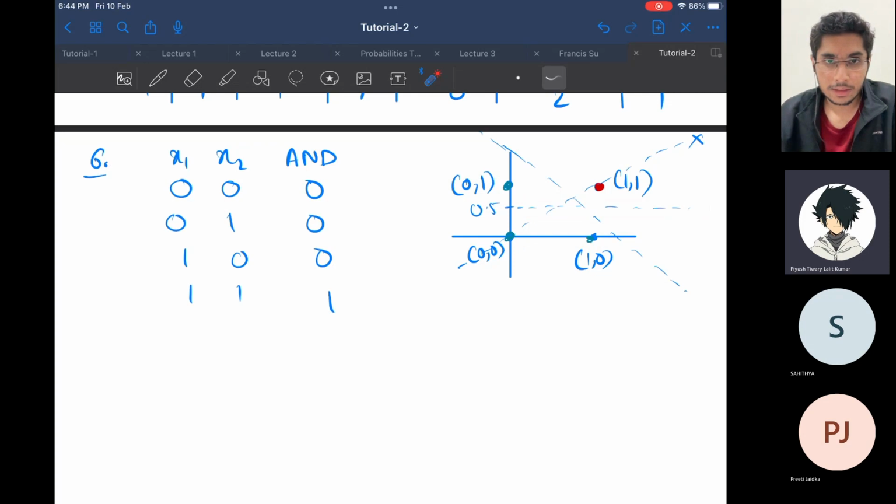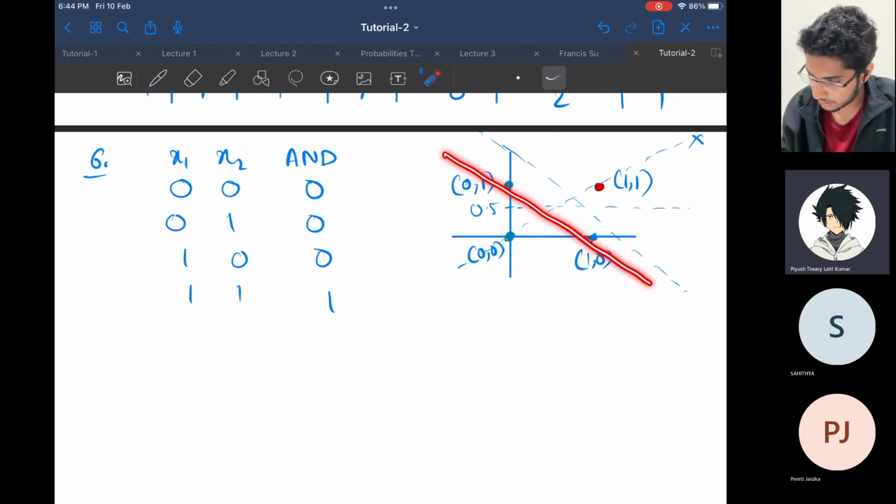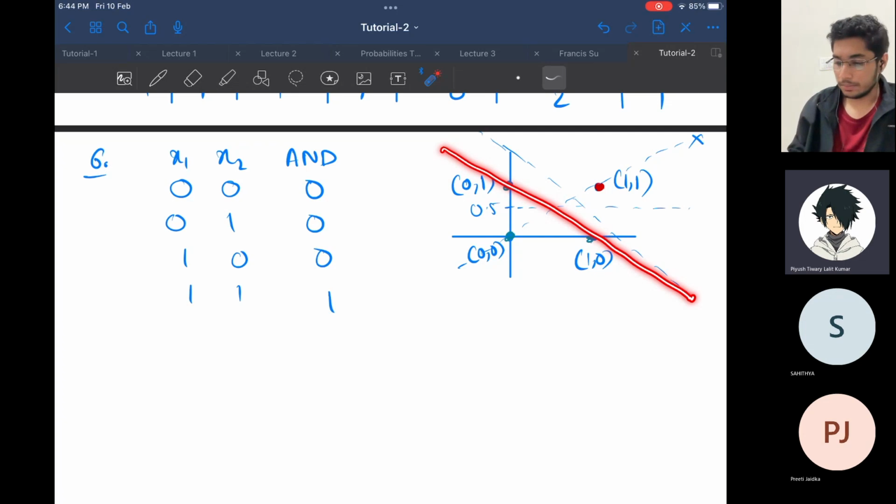Then there are two more options. One of them is this line, exactly this line. Now this is a tricky one, right? This line seems to be correct. It might look like these 3 points which are supposed to have a label of 0 are on the same side of the MP neuron, whereas this one is on the other side.